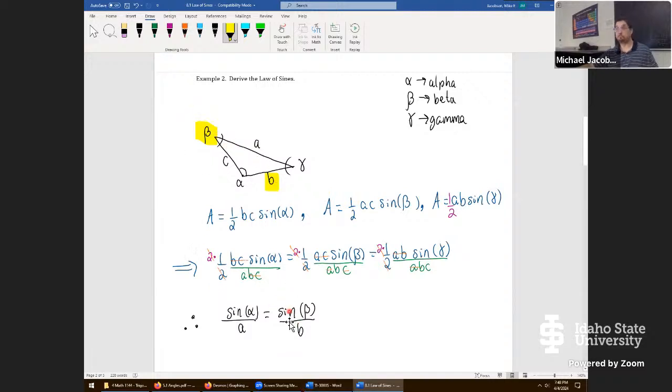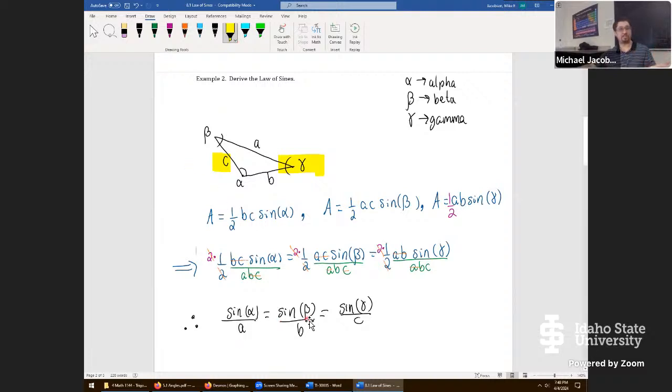You take sine of one angle, just divide by the opposite side, and you're doing the law of sines. So last one. We have sine gamma divided by C, and looking at the diagram, that's sine of this angle, divided by the opposite side C, and that's all you do in law of sines.